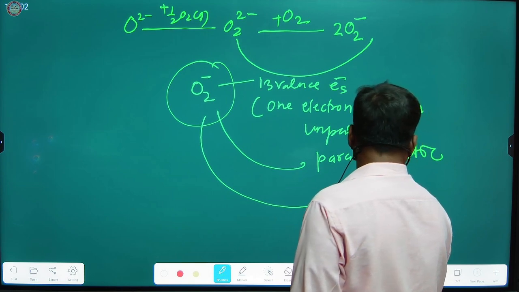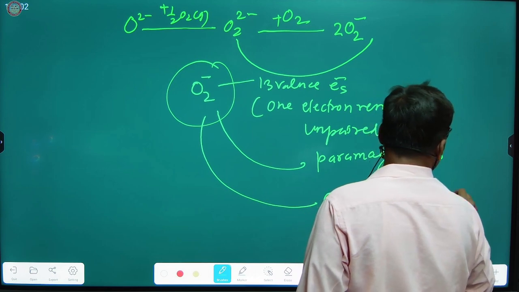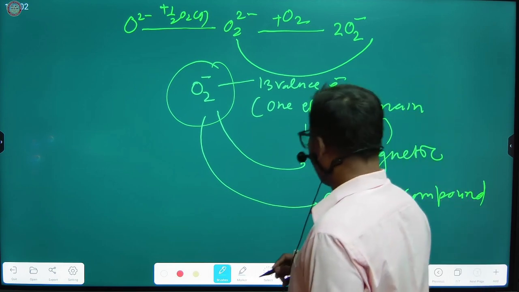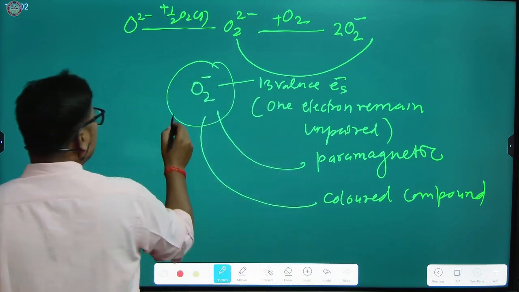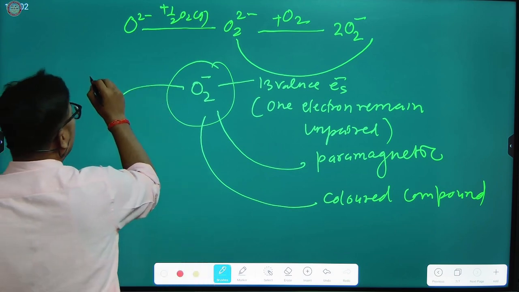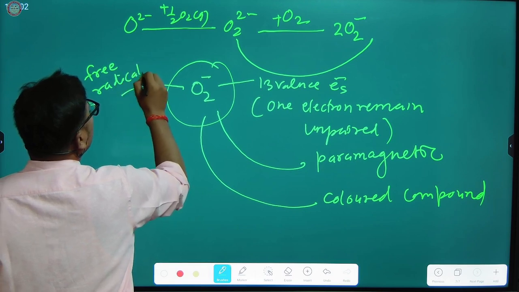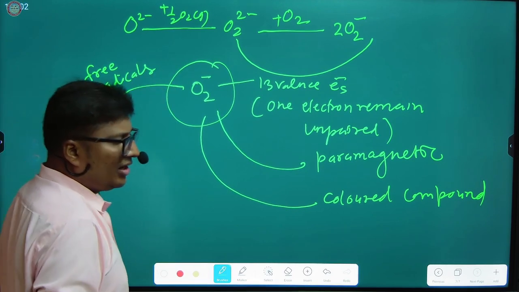So colored compounds form, right? This superoxide is called a free radical.